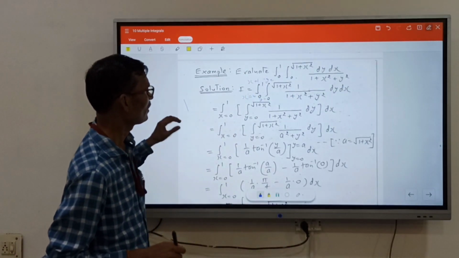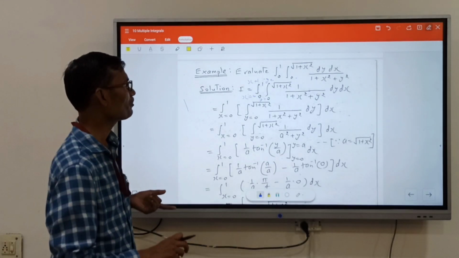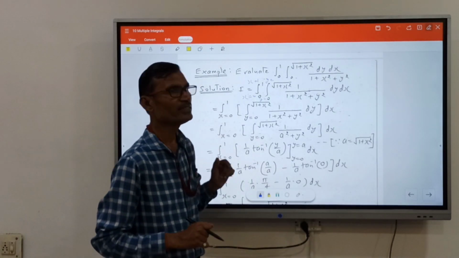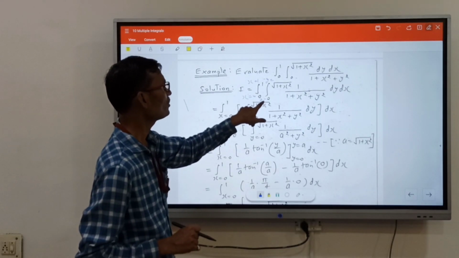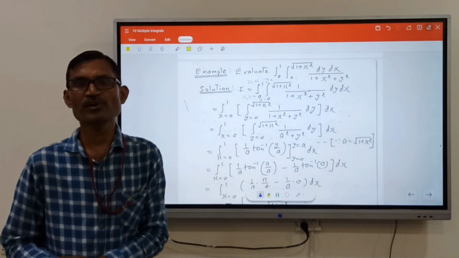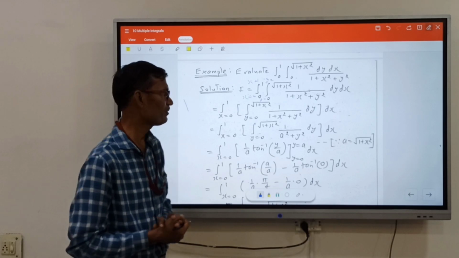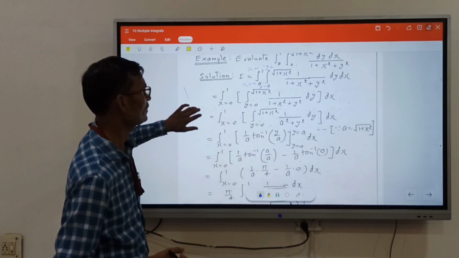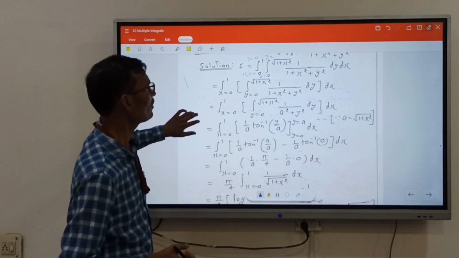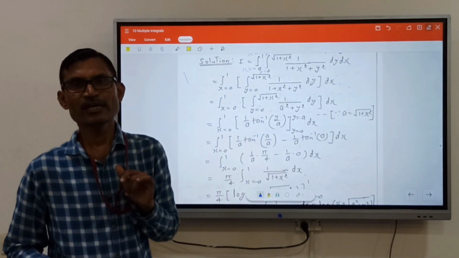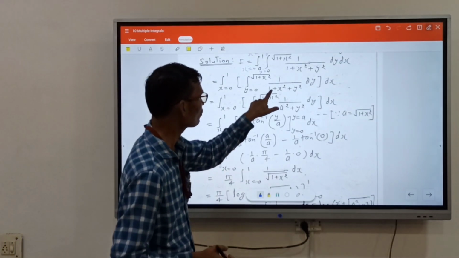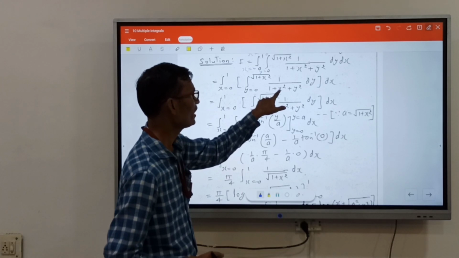1. Now again the same rule: we have to integrate the integrand with respect to y, because the limits of y are now in variable form. While integrating with respect to y, we note that x is a constant. Not only 1 is constant, but also x is constant.